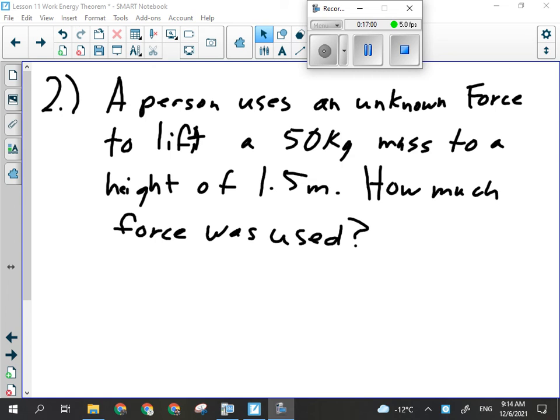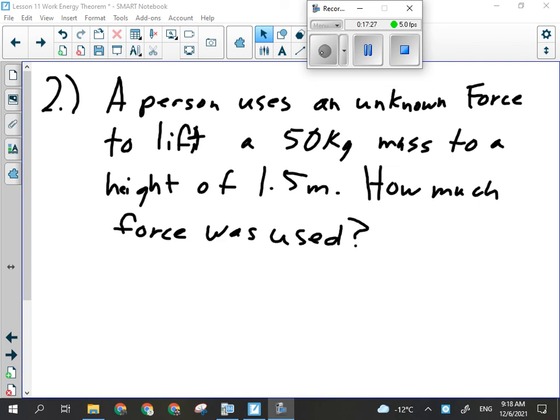When you're lifting something, the height and the distance over which you exert the force are the same. So you're given one number that has to serve two purposes in this question. The work is being done over 1.5 meters, but that's also the height change in the question.